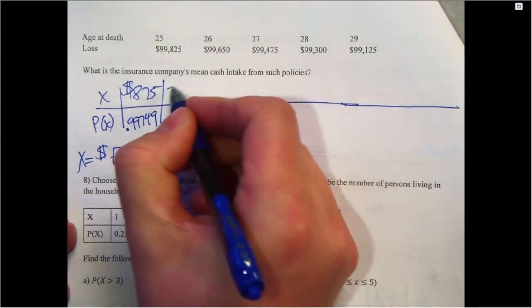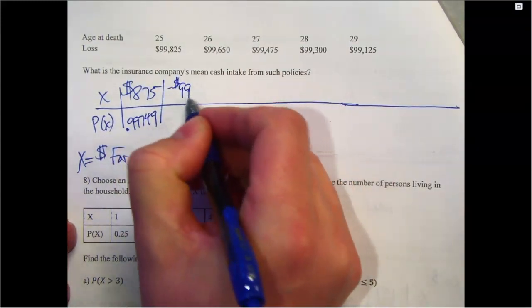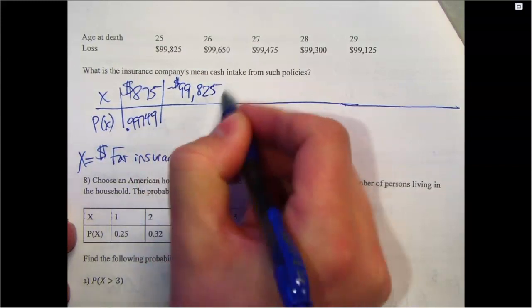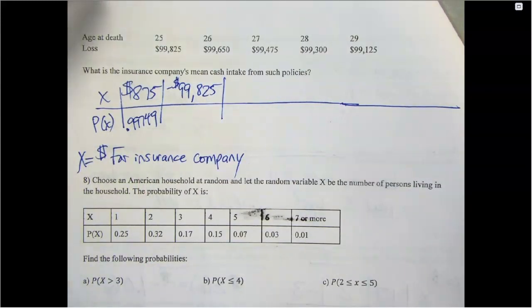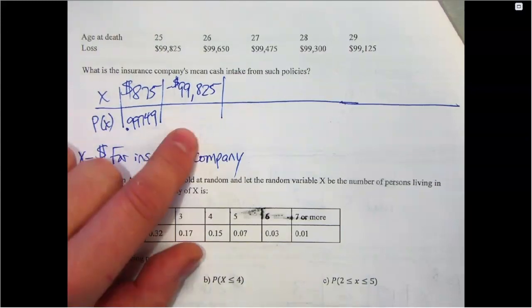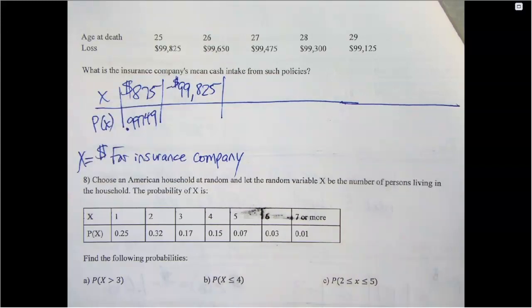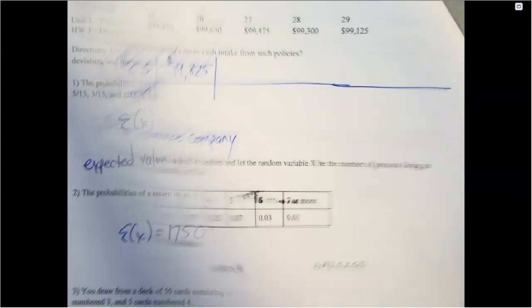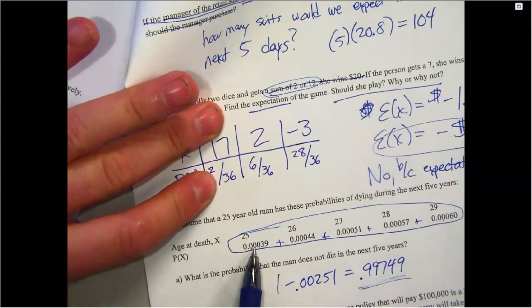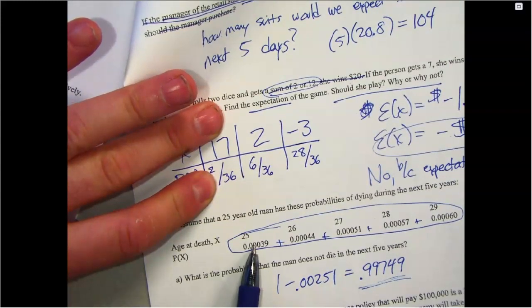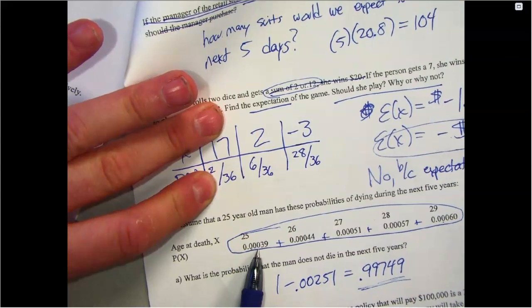So the insurance company will lose $99,825 if the person dies at age 25. Well, what's the probability that they would die at age 25? That's on the previous page. The probability they'll die at age 25 is down here. It's 0.00039.